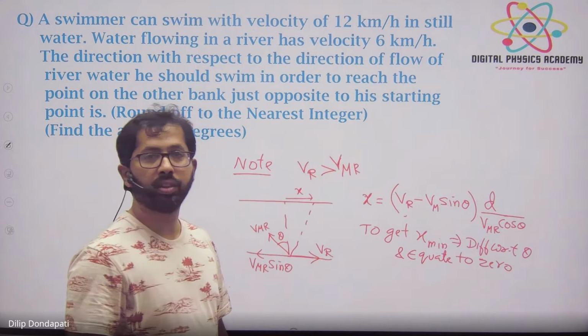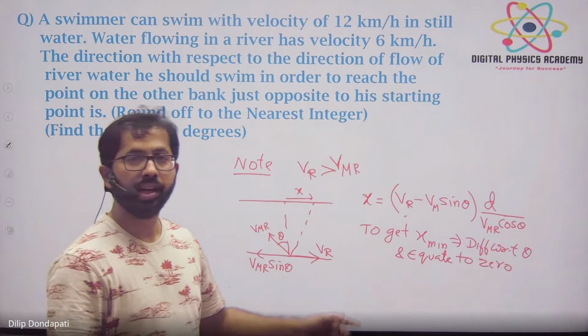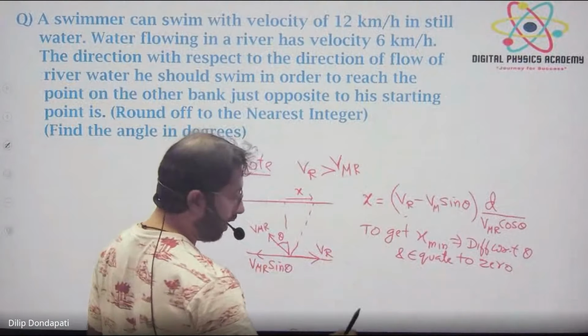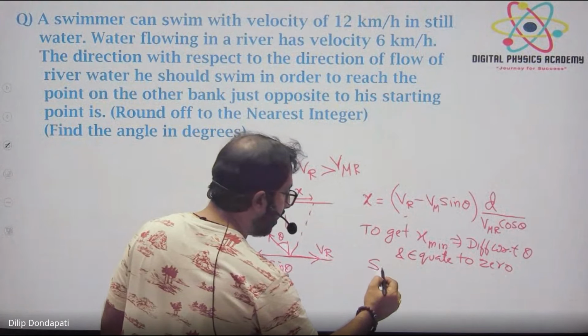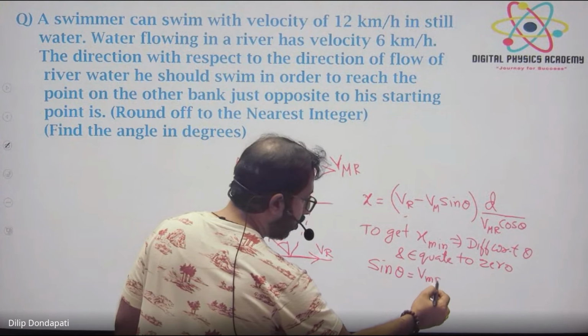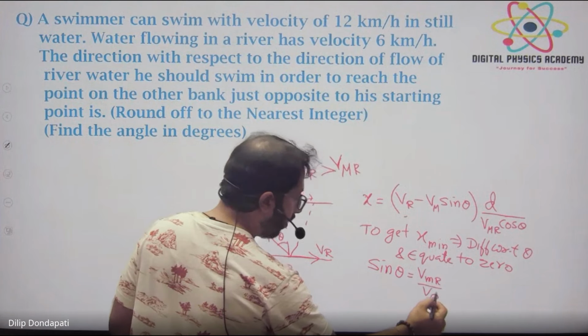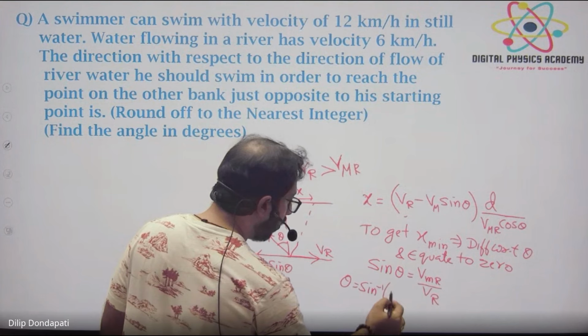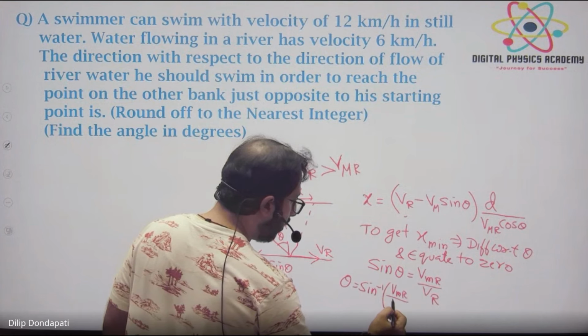We know minimum, maximum: for minimum, differentiate and equate to 0 with respect to theta. After equating, we'll get sin theta is equal to VMR by VR. So therefore theta is equal to sin inverse of VMR by VR.